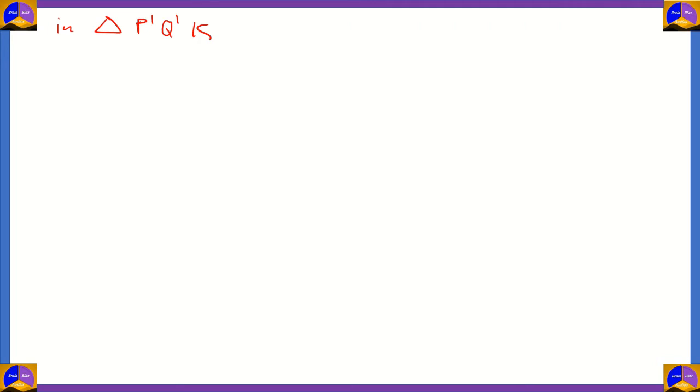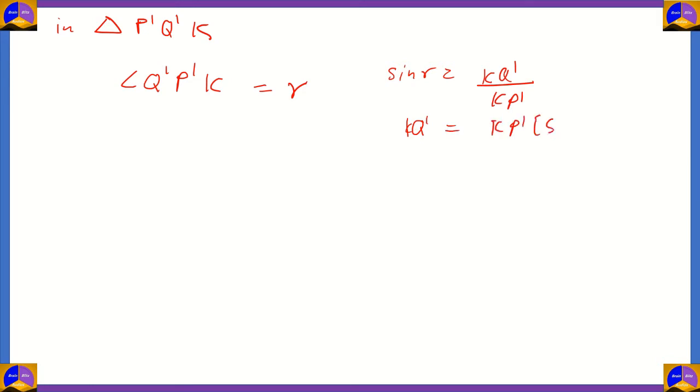So angle Q dash P dash K is equal to r. Therefore sine r is equal to KQ dash divided by KP dash. So we can write KQ dash is equal to KP dash times sine r.